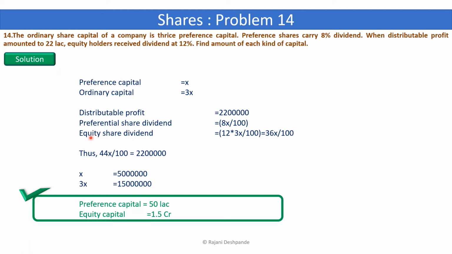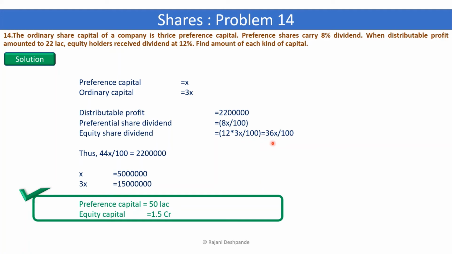And the dividend to be paid to the equity shareholders will be, the dividend is paid at 12%. So it is 12% of the ordinary capital, that is 3x. So 12% of 3x will be 12 into 3x upon 100, or you can say 12 upon 100 into 3x.